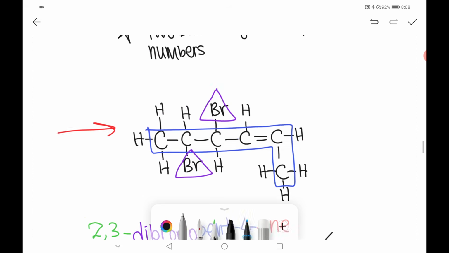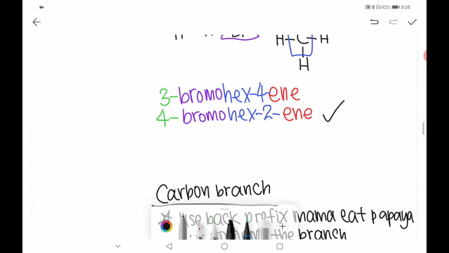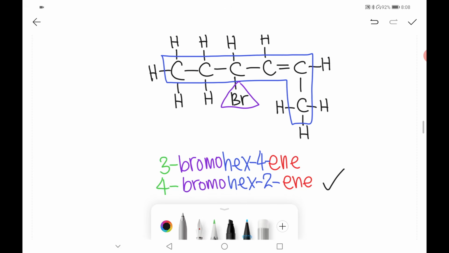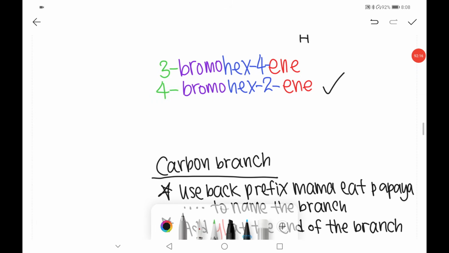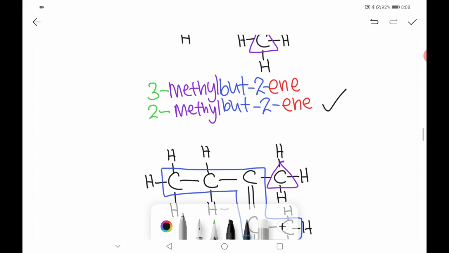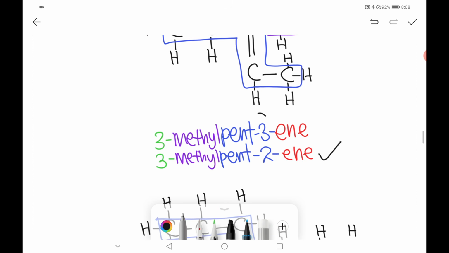I hope all these examples give you a better idea how to name your alkene. Actually, the concept of naming alkene is very similar to naming alkane. The only difference is that you need to mention the location of the double bond. You only choose one direction to count the location for branch and double bond.